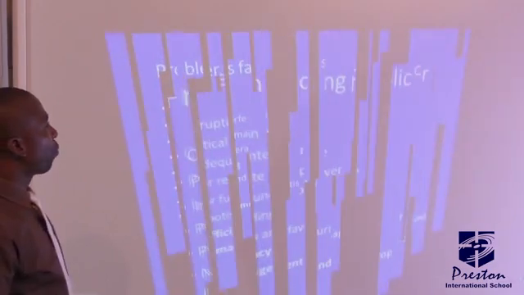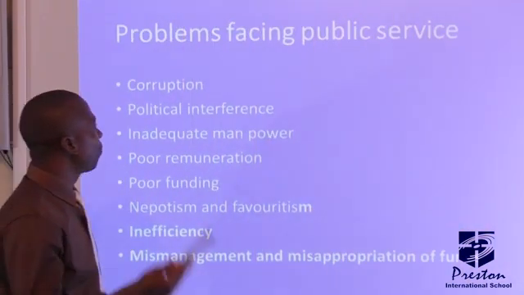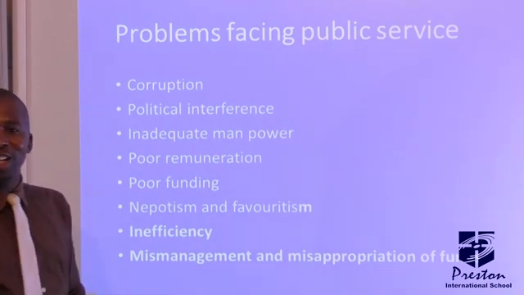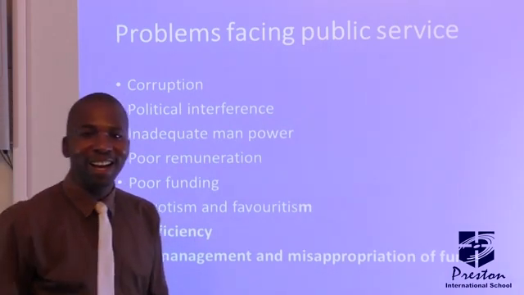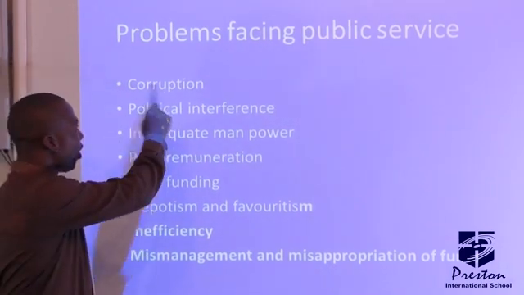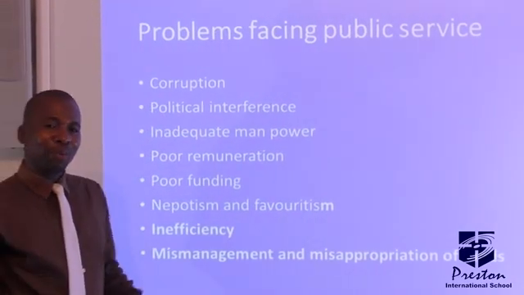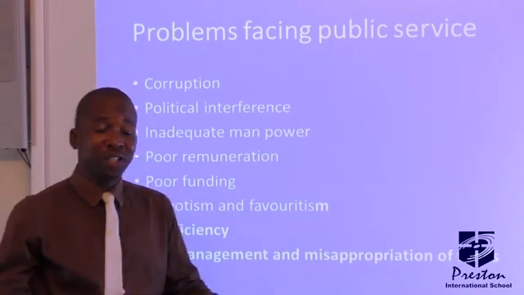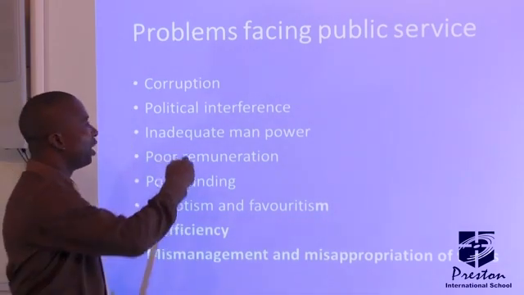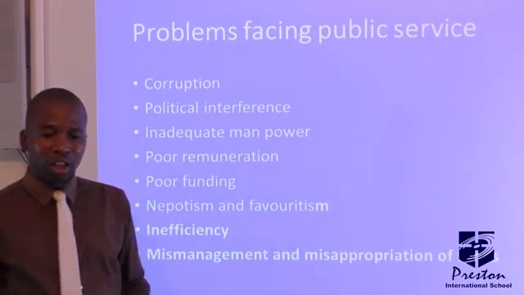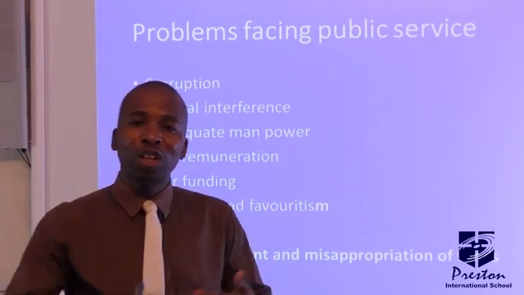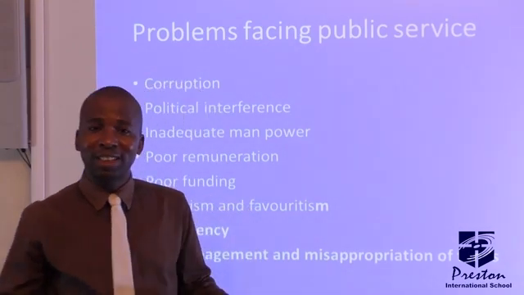All right, let's look at the problems facing public service in Nigeria. Number one problem in Nigeria, even in Africa, is corruption. Corruption is one of our problems in this country, even in Africa generally. Also, we have political interference. The politicians will always interfere in the administration of those public services.